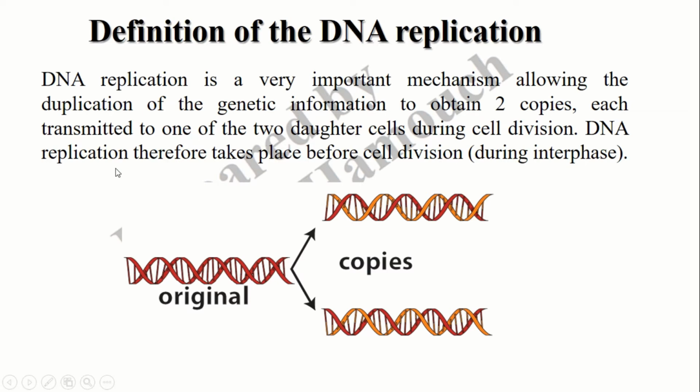DNA replication therefore takes place before cell division, thus before mitosis, during interphase. So chromosomes at the beginning of interphase consist of one chromatid or one DNA molecule. At the end of interphase, each chromosome consists of two sister chromatids or two DNA molecules. The two DNA molecules are formed by DNA replication.